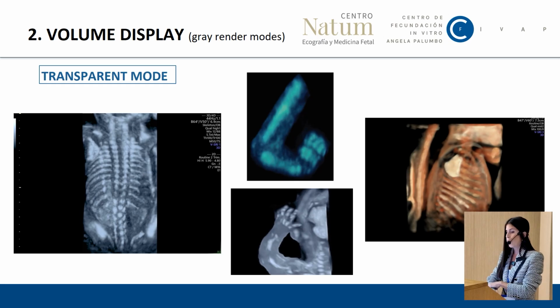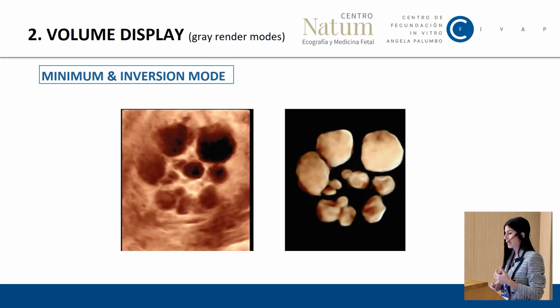We can also use the minimum and inversion mode. In the minimum mode, only the gray scale is displayed. This mode can be applied for the demonstration of vessels, hollow structures, or cystic structures. So if we have polycystic kidneys like here, the minimum mode will show us just the tissue of the kidneys.